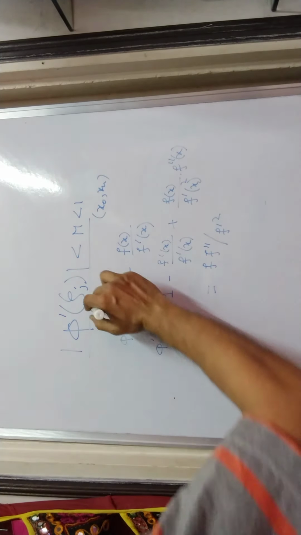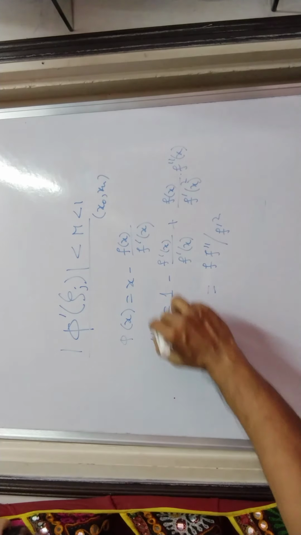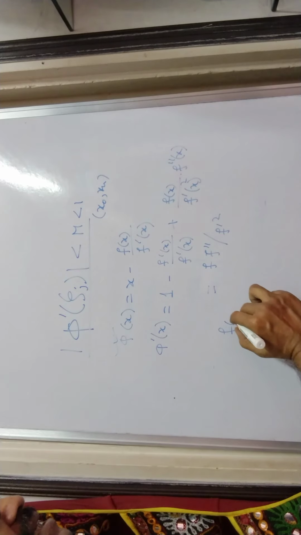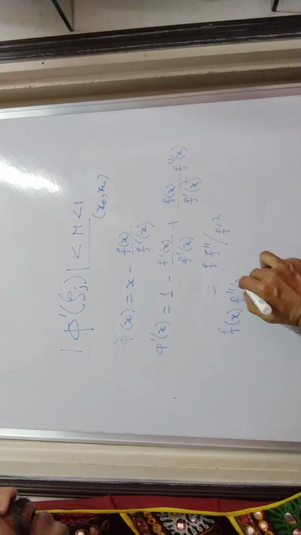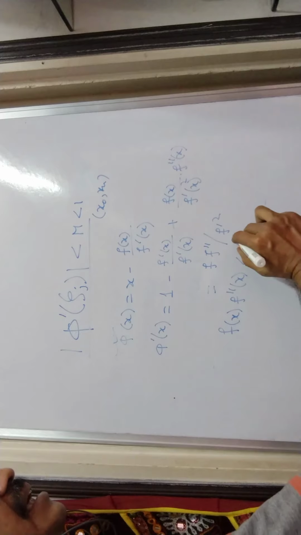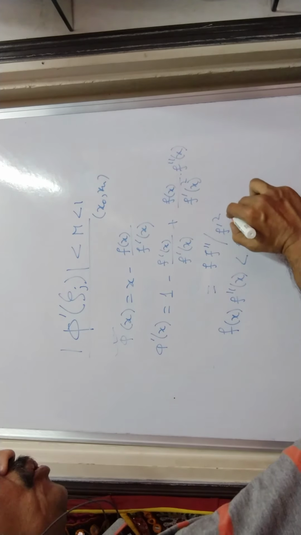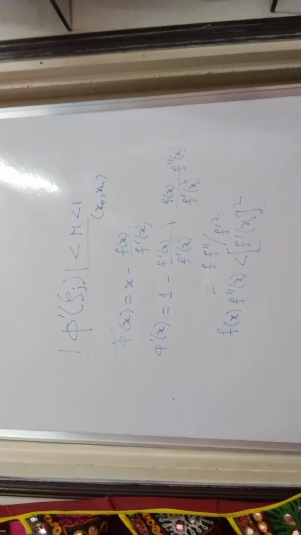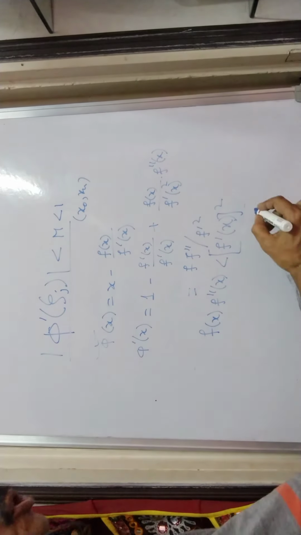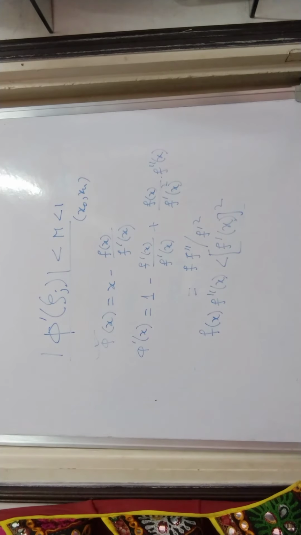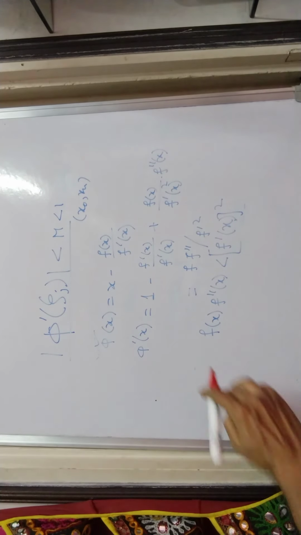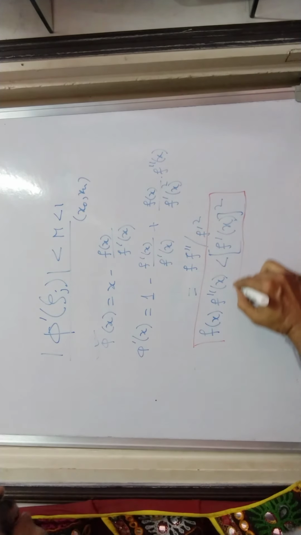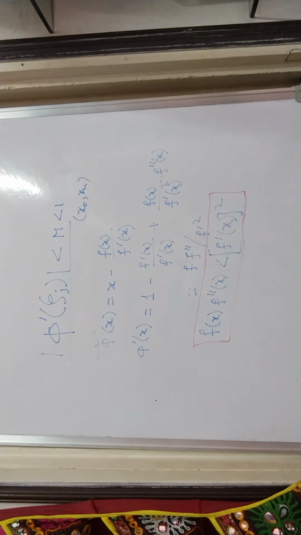And since we have this condition for the Newton-Raphson formula, we must have fx into f double prime x strictly less than f prime x whole square. This is the convergence criteria in case of the Newton-Raphson method. Okay, fx into f double prime x must be strictly less than f prime x whole square.